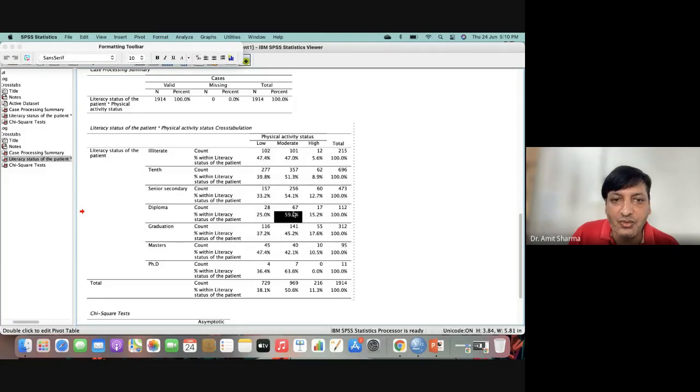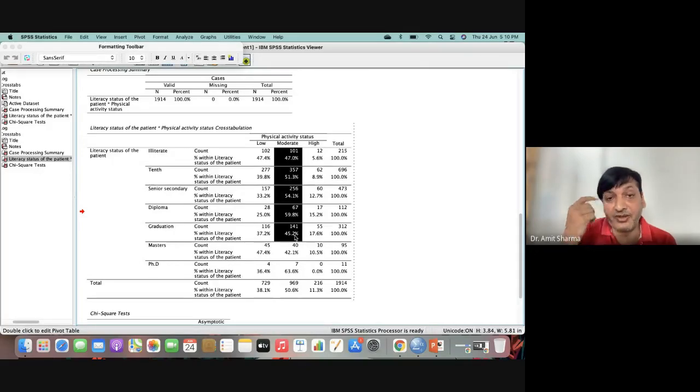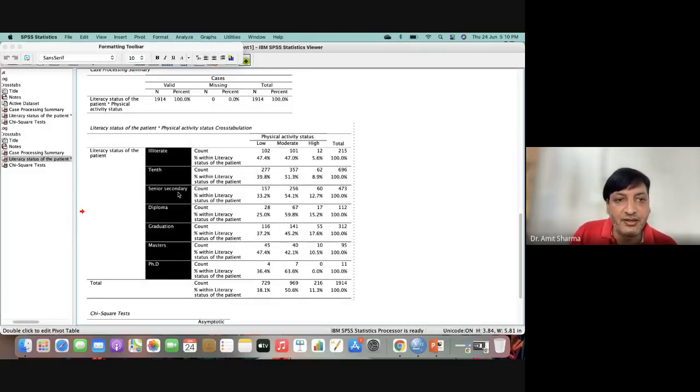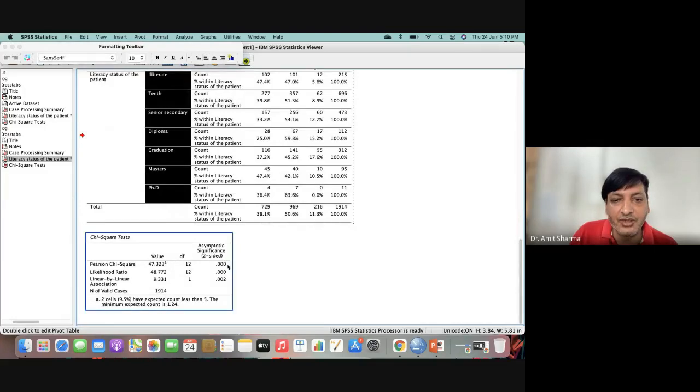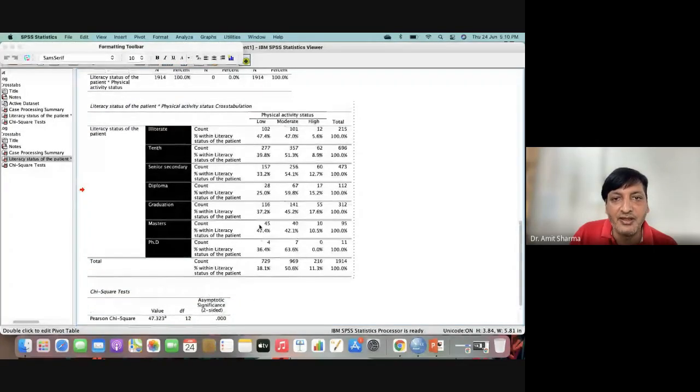And those who are diploma are doing moderate activity. Like this you can find out the result for three different categories of physical activity, low, moderate or high, based upon the literacy status of the patient. And you can quote that the result was found significant.